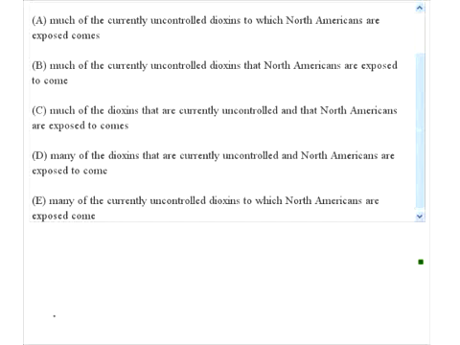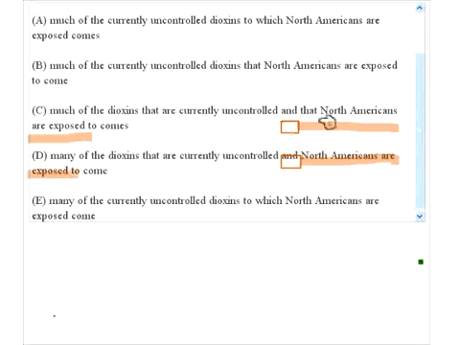Okay, let's take a look at this one. There are only parallel structures in two choices here, but here are those two choices. The ones that have and is a parallel tag. So if you look at this, that's the right-hand part of this parallel structure that North Americans are exposed to. This is the right-hand part of this one.